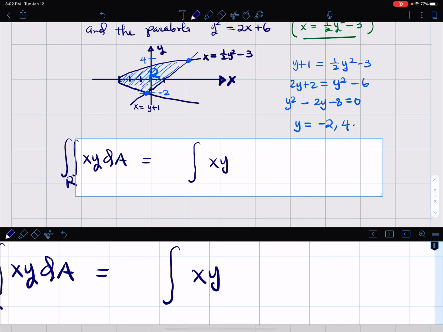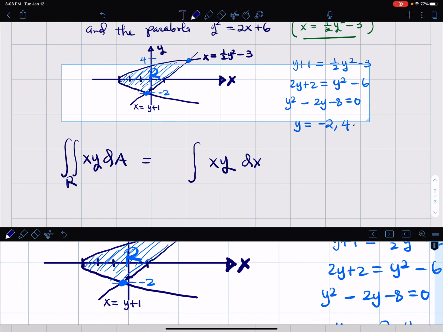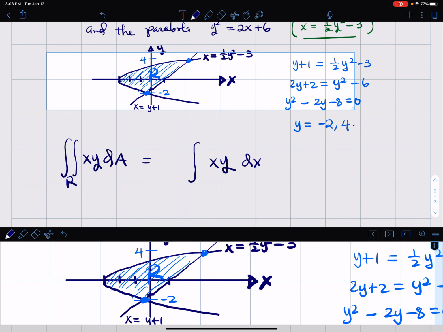We have our x, y, but since x is now a function of y, we begin with dx, and our bounds are now functions of y. We're going from left to right.